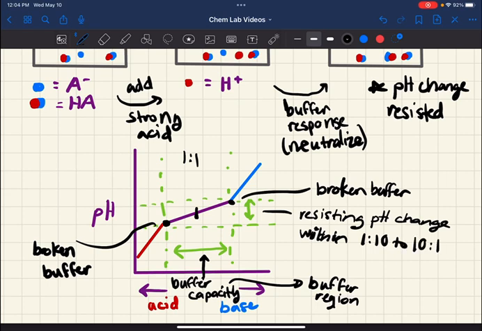So outside of that, our pH is going to change a lot more because it would no longer be a buffer. Something else that I would probably add to this part before I forget is that within this buffer region, when we are right at that 1 to 1 point, we are at pH equals pKa.